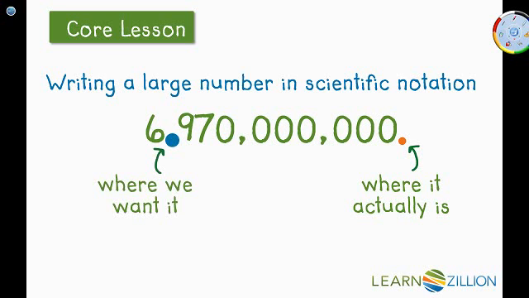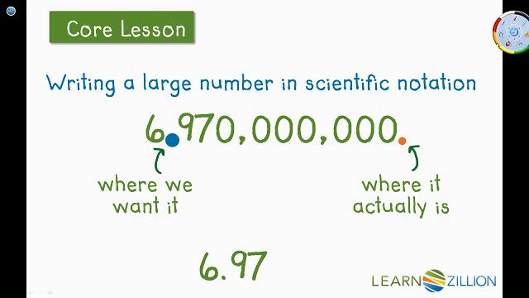So we want to put it right there between the 6 and the 9, because remember, our number needs to be between 1 and 10. So 6.97 is definitely between 1 and 10. So this is where we want our decimal to go. It's the blue one. The orange decimal is where it actually is.